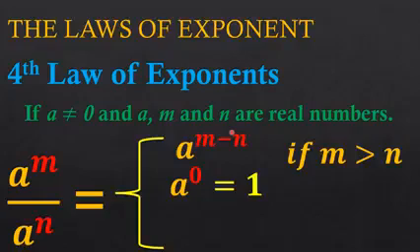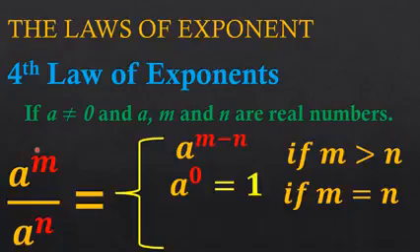Second condition, a raised to 0, or that is 1. Any number, variable letters raised to 0 is equal to 1. Our condition here, if m is equal to n. So kung yung sa multiplication of exponents, we will add the exponent. Dito naman, pagdating sa division operation, we will subtract the exponent. Okay?